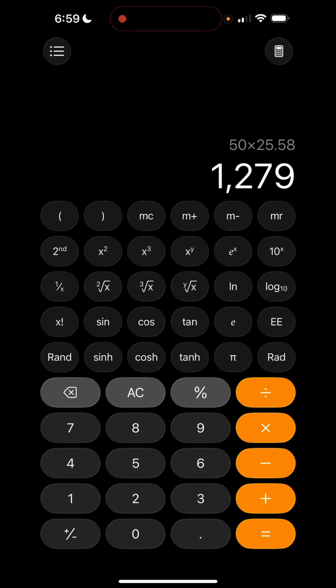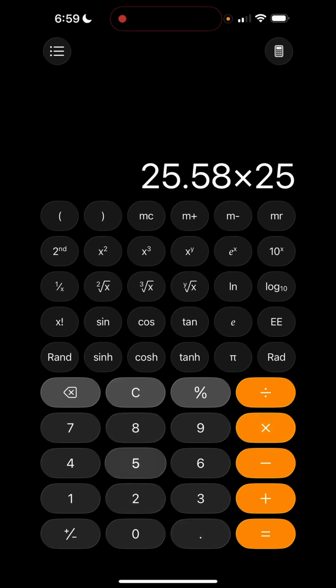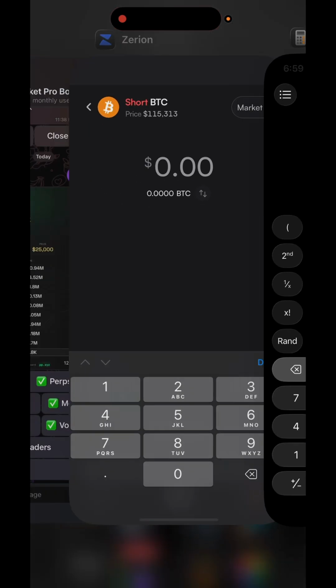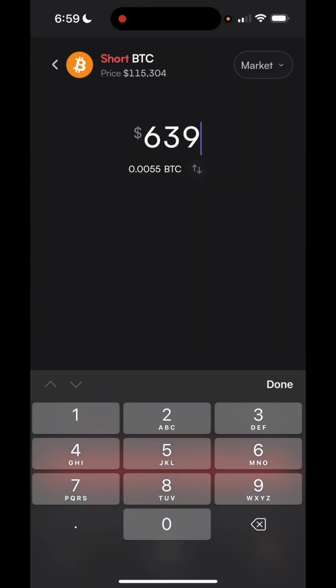We can also reduce it if you want to go with 25x leverage, and we're going to do our calculations now. $25.58 is our margin and 25x our leverage. We're going to multiply the both, and it's going to give us 639.5, which will be our buying power to open the 25x leverage. We're going to estimate it to 640.